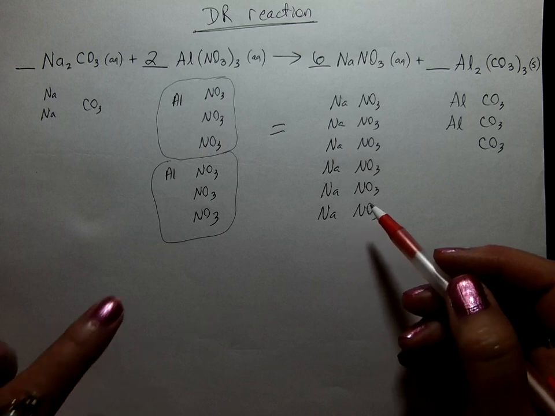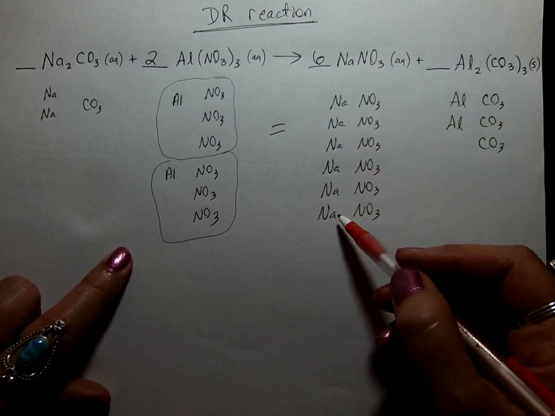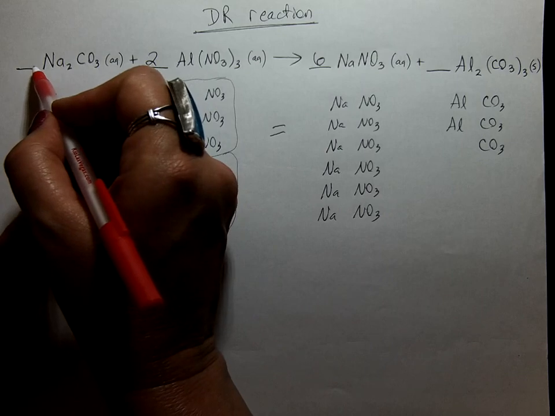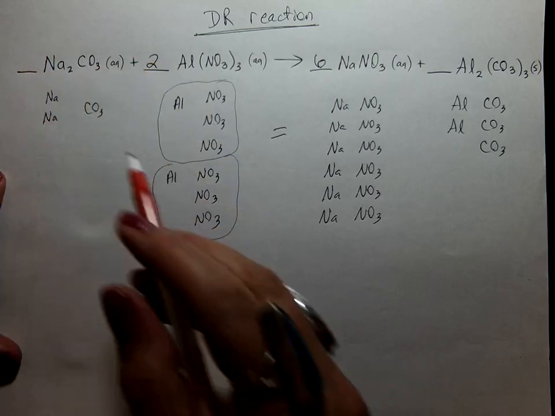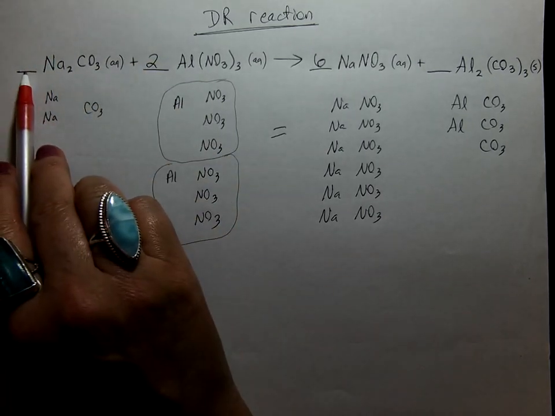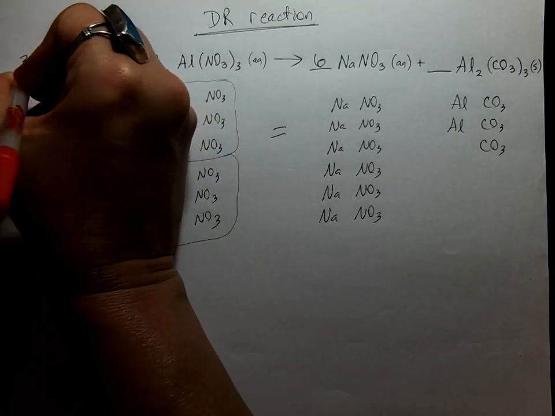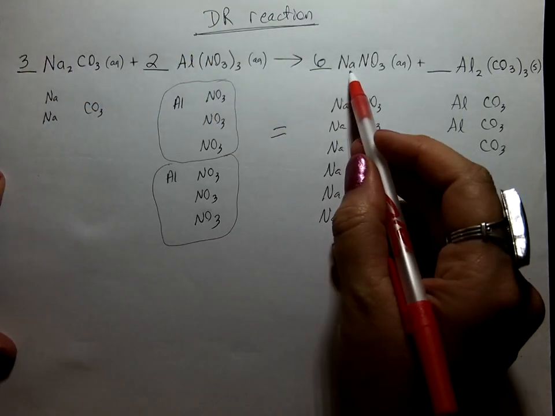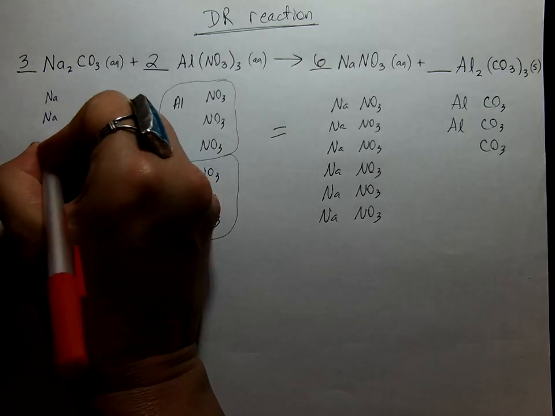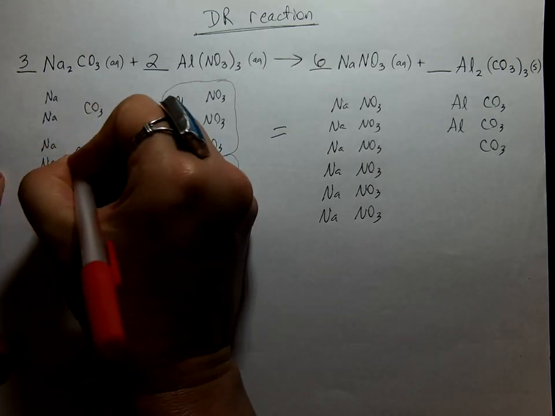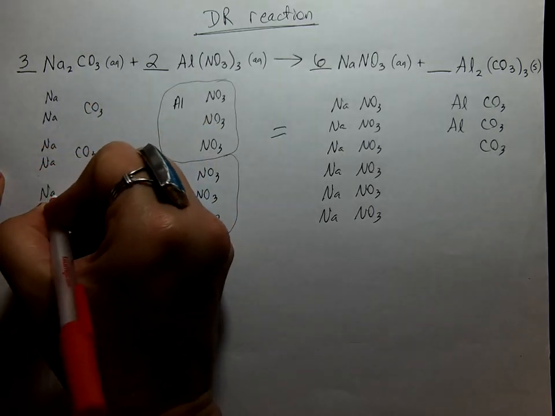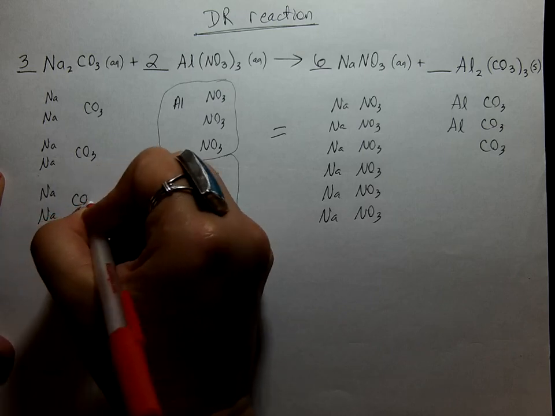Now, let's follow up with the sodiums. I have 6 sodiums. Over here I only have 2. So what am I going to put in front there? What goes here? Yes, a 3. 3 times 2 is 6 to go with the 6 sodiums. So there's a second Na2CO3 and a third Na2CO3.